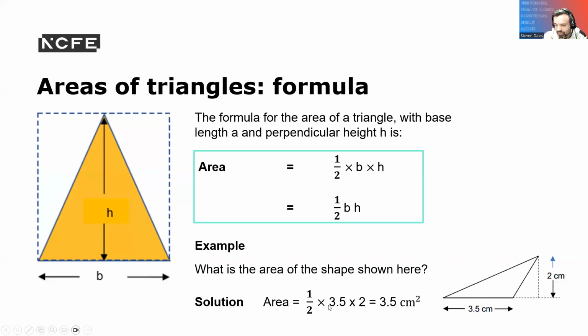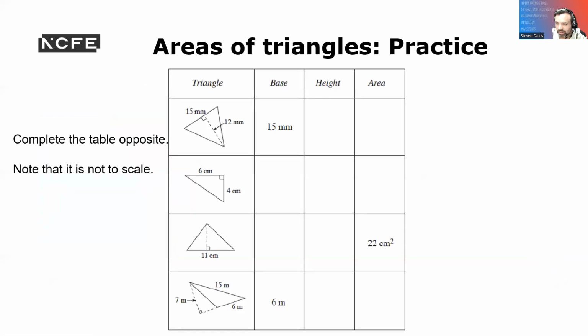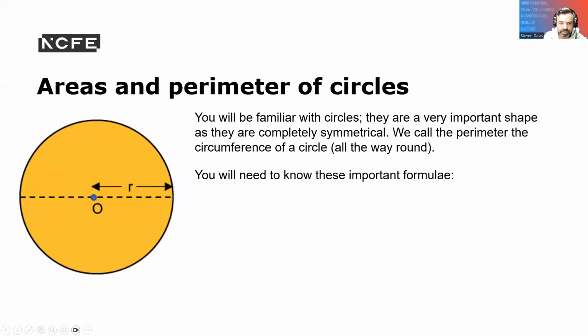So the area is half times 3.5 centimeters times 2. There's a useful box here that I'm just going to fill in. If we think of triangles, complete the tables there. Have a practice with those and just make sure you're used to them.